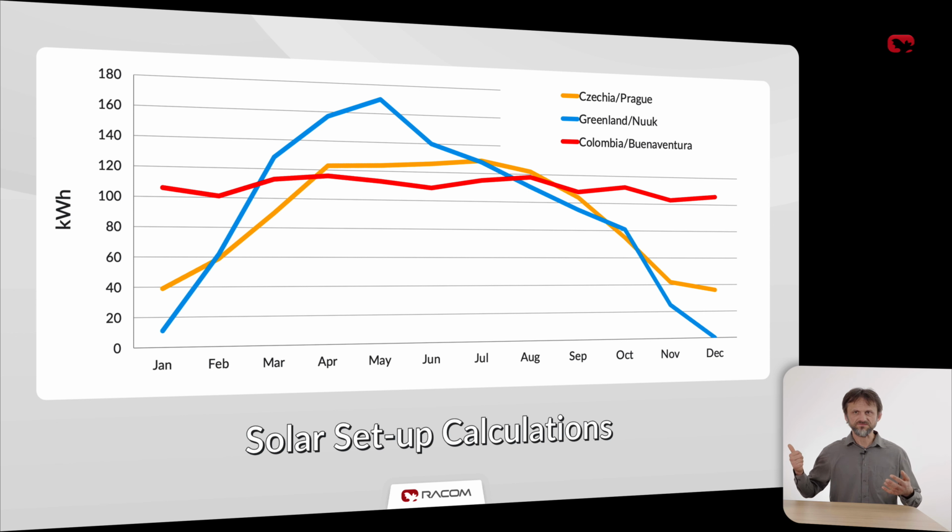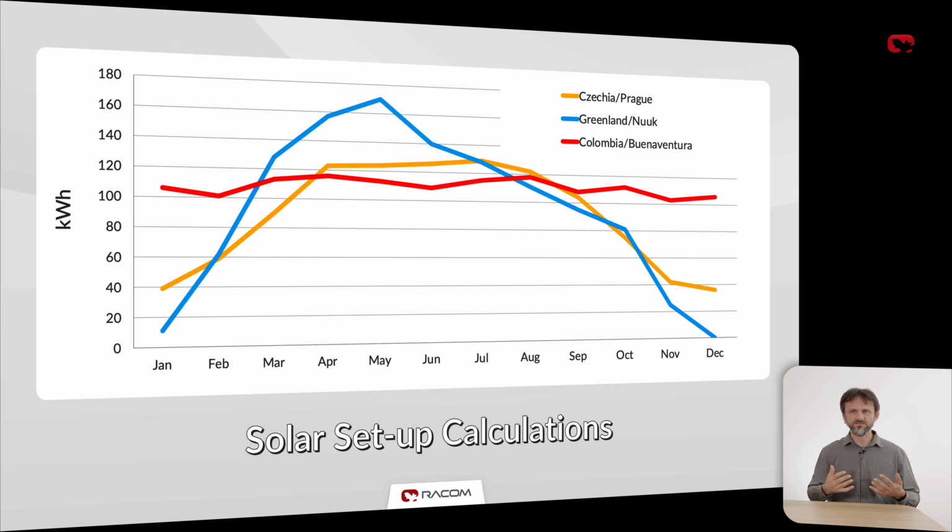Prague is a mild continental weather representative. Conditions in Prague are similar to most of Europe, the northern part of the USA and south of Canada. Nuuk in Greenland is a fun example of an extreme situation with very high gains during most of the year and then 3 months with practically zero during polar night.